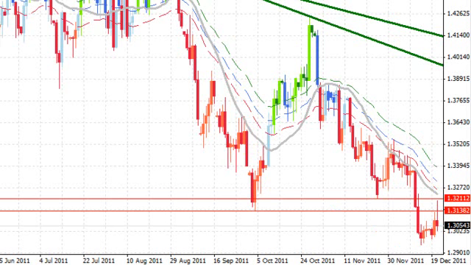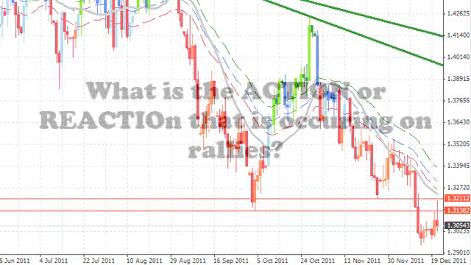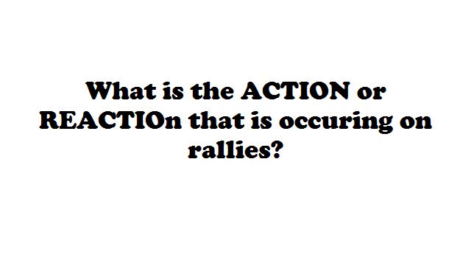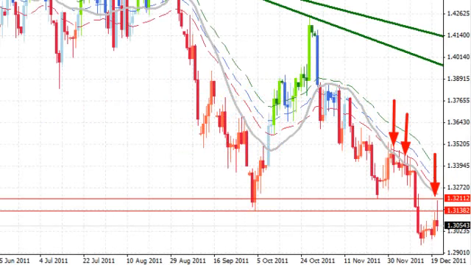What is the action that is occurring on rallies? They're being sold into, aren't they? Here's what's interesting about a clear bearish directional bias.